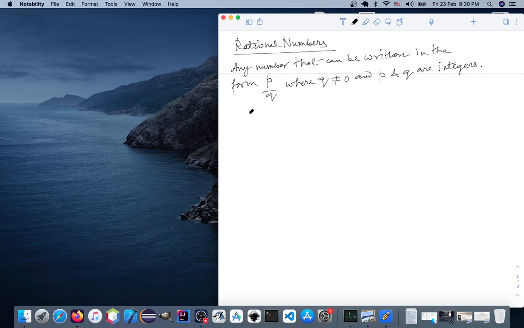So some examples of rational numbers are 1 by 2, or even 4 by 1, minus 3 by 2. The first one, one half: 1 is an integer, 2 is an integer. The second one, 4 by 1: 4 is an integer, 1 is an integer, even though 4 by 1 is actually a natural number or an integer.